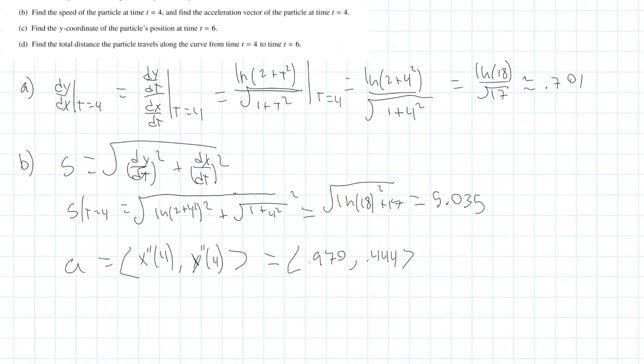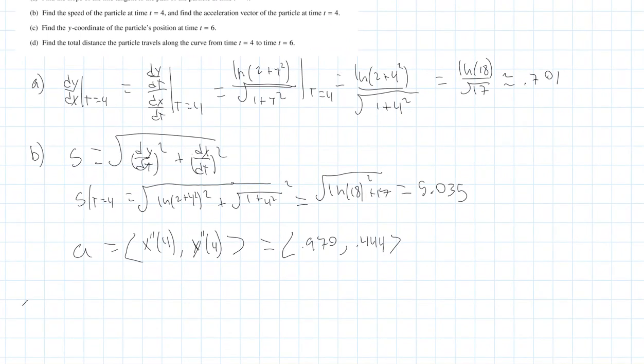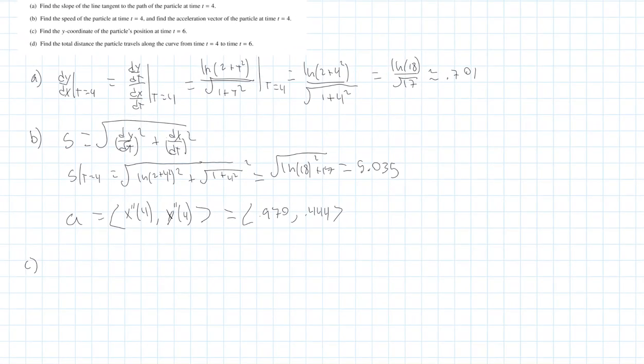Now for part C, we have to find the y-coordinate. I'm just going to zoom out. The y-coordinate of the particle's position at t equals 6. So to do that, we're given the initial point (1, 5) at t equals 4. So what we can do is take the integral from 4 to 6 of dy/dt, which is the ln of 2 plus t squared dt, and we're going to add 5 to that because that's our initial condition.